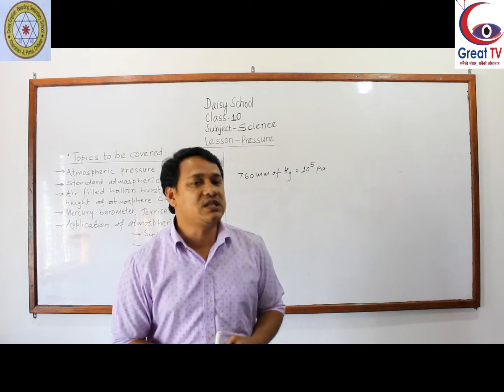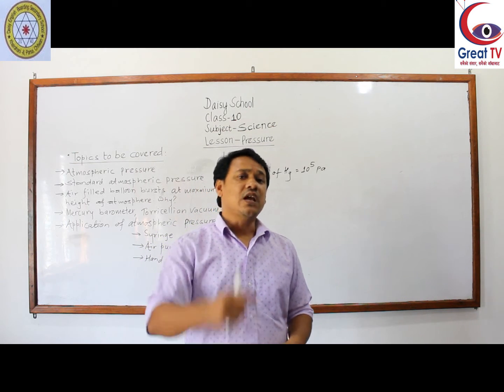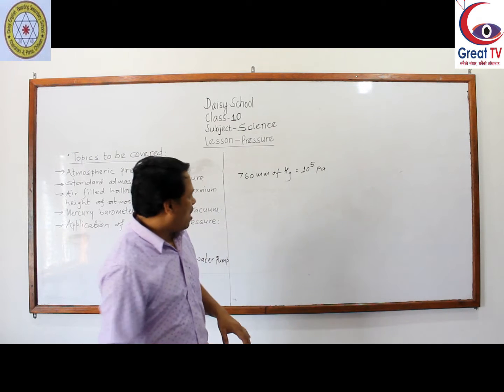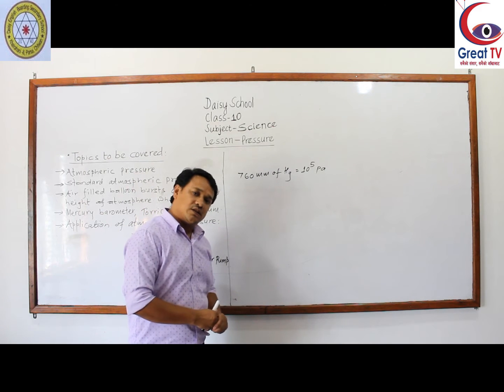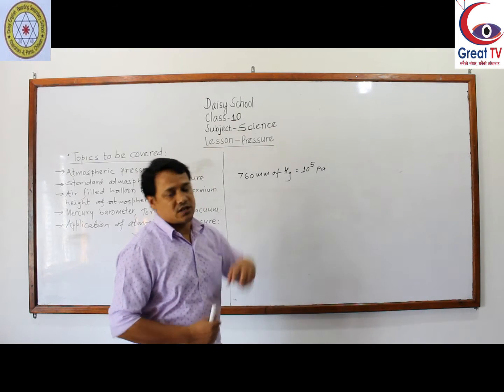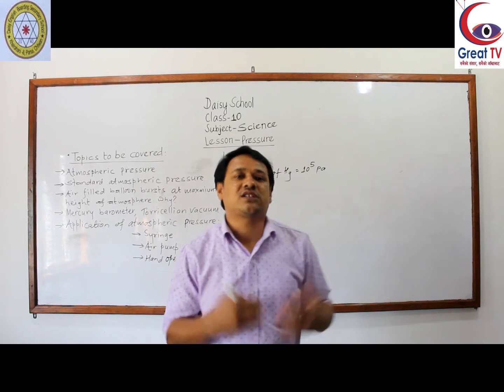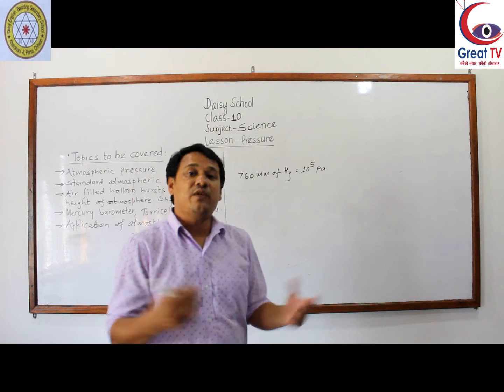So they use a special type of suit. On 1 square meter area of the earth, 1 lakh pascal pressure is continuously exerted by the atmosphere, but we never feel it.